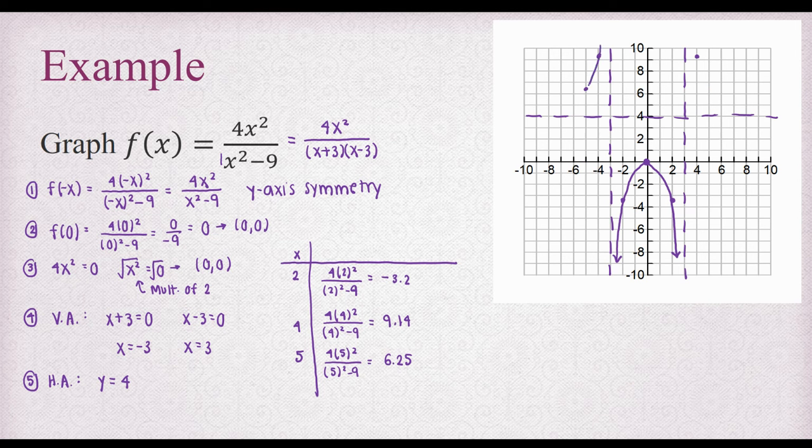Then we're going to be curving toward those vertical and horizontal asymptotes. But notice that it should be a mirror image. If I was to fold one side over the y-axis, the other side would lie nicely on top of it. And there's my graph.